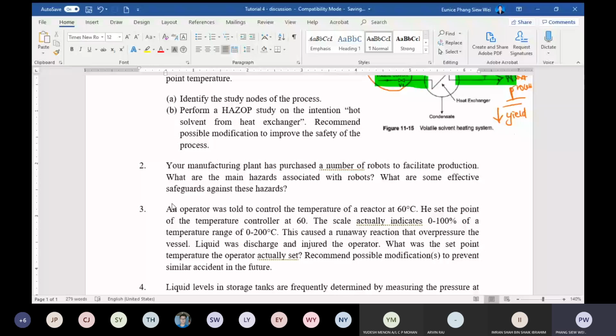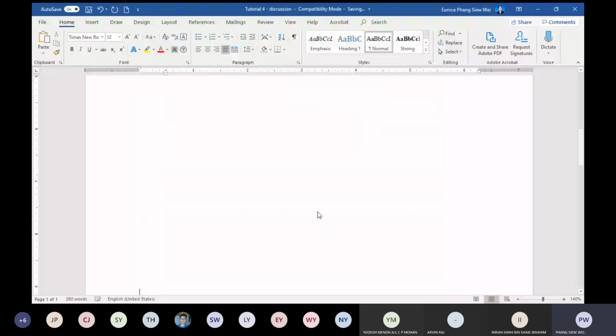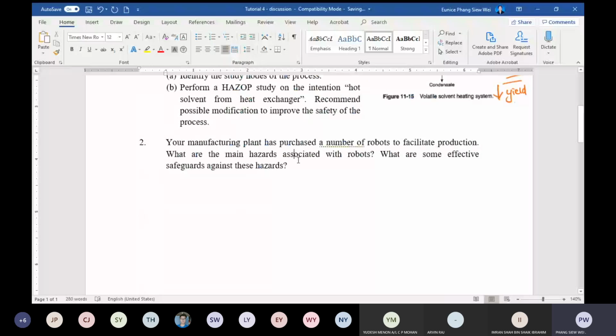I'm going to leave some space here so that we can start drawing. Your manufacturing plant has purchased a number of robots to facilitate production. Basically, this is where we reduce manpower and increase the usage of all these drones, these robots.